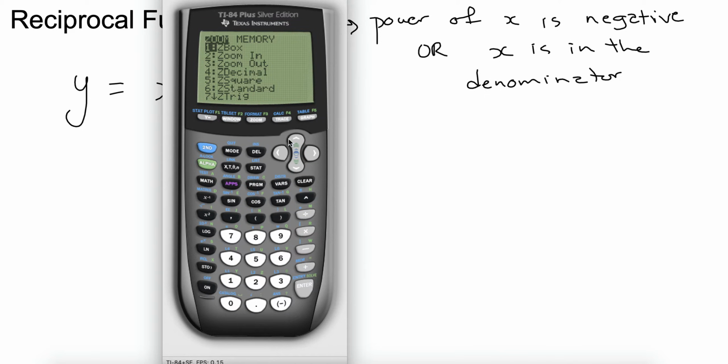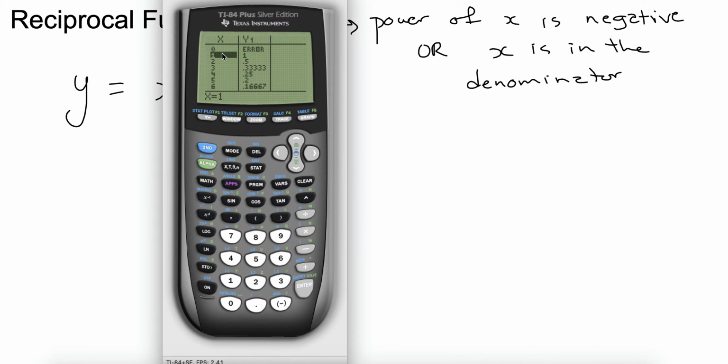And if I keep on zooming in, and where it seems like it's catching the y-axis, you'll notice that it actually never touches the y-axis, and you can keep on zooming in. If we go to the table, you'll notice as the x value is increasing, your y value is getting very tiny.